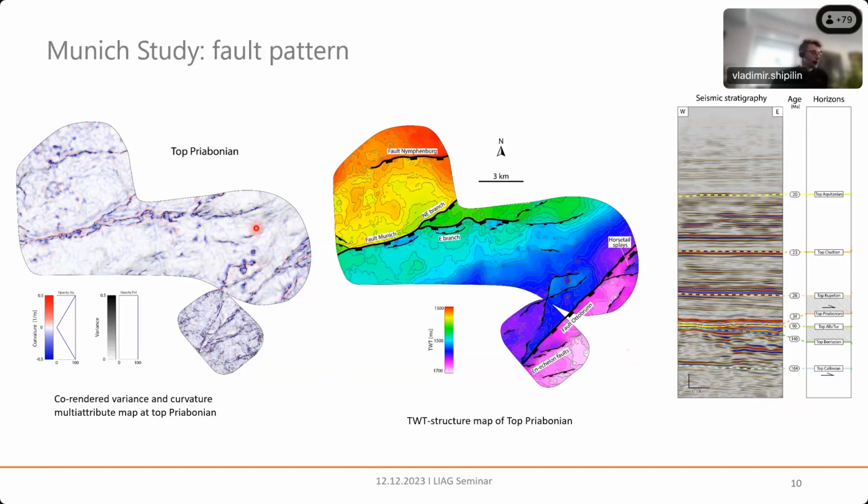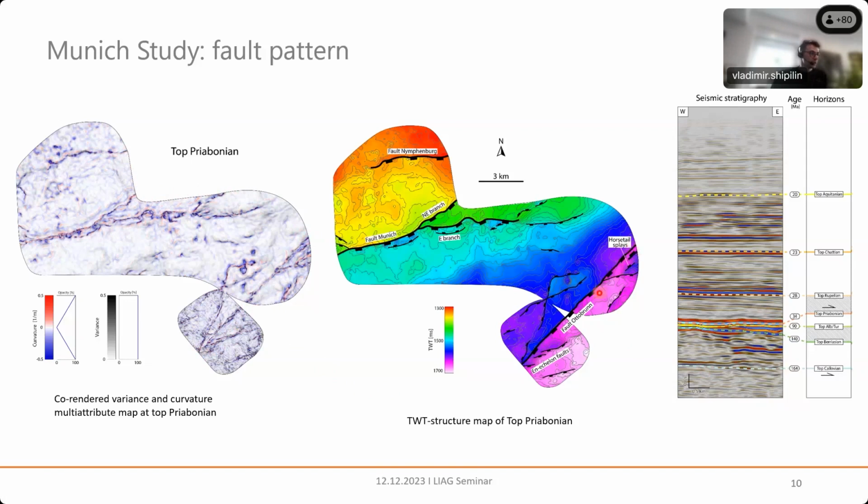So what we see on the multi-attribute map are the fault traces, and we can clearly recognize three major fault systems. One is fault Nymphenburg, then we've got fault Munich, and then to the southeast we've got a quite complex system of faults, whereby this fault is considered to be a master fault as it accumulated the larger displacement.